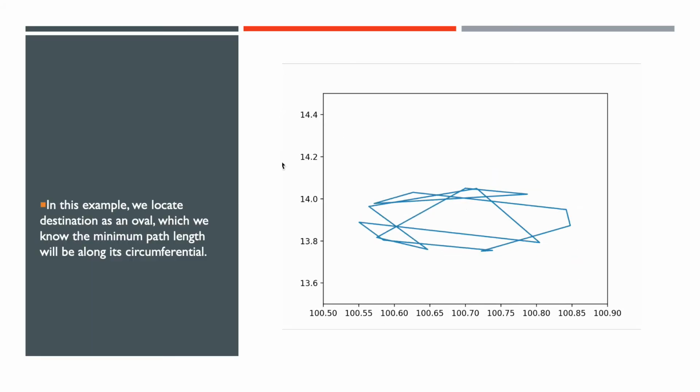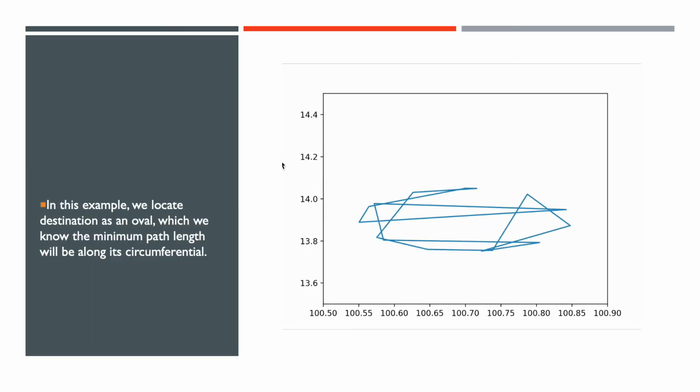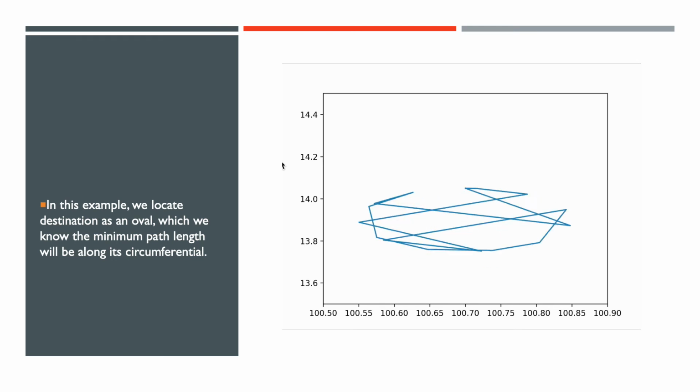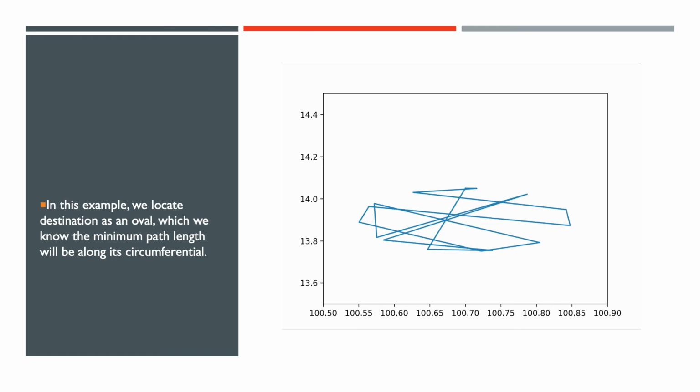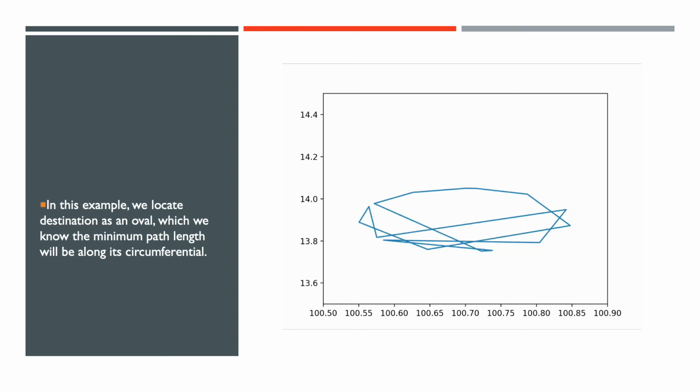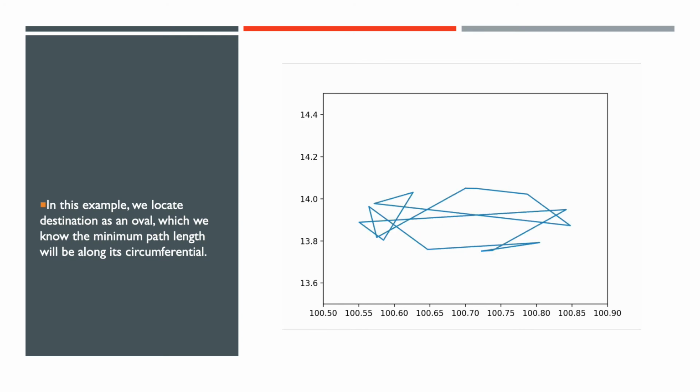In this example, we locate the destinations in an oval shape, for which we know the minimum path length will be along its circumference. This is to confirm that the algorithm we are using provides a satisfactory result.